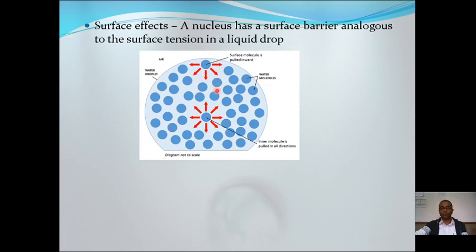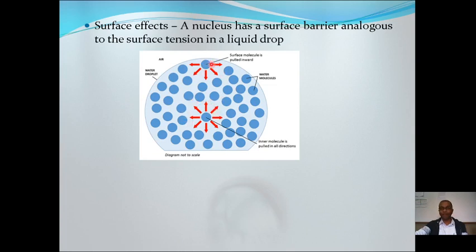So this model you can easily compare with the nuclear model in which the nucleons at the core of the nucleus will be interacting with 12 other nucleons in the closed-packed structure in all directions.